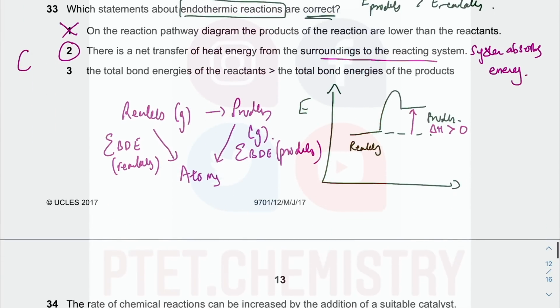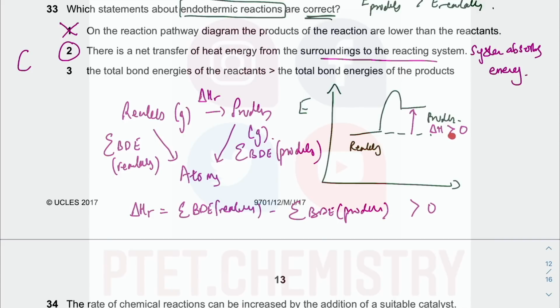Okay, and we can use Hess's law. So the enthalpy of reaction is equal to the sum of the bond energy of reactants minus the sum of the bond energy of the products, assuming that they are all in gaseous state, yeah? And that is greater than 0 because we know that it was endothermic.